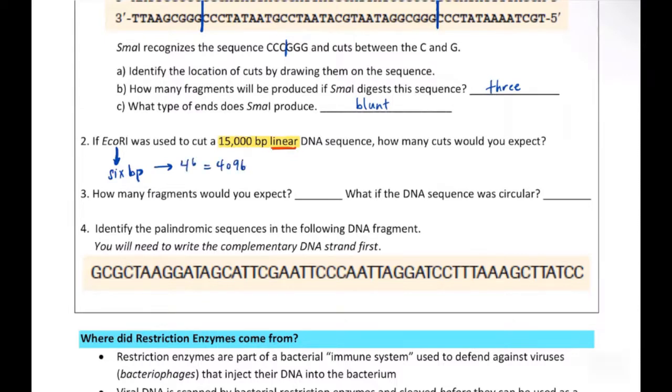4,096. Now I've got to think, if I've got linear DNA, this would be at the beginning, so 0, and I go all the way to 15,000. I would expect my first cut to be somewhere around the 4,000 mark. 4,096 is the probability.